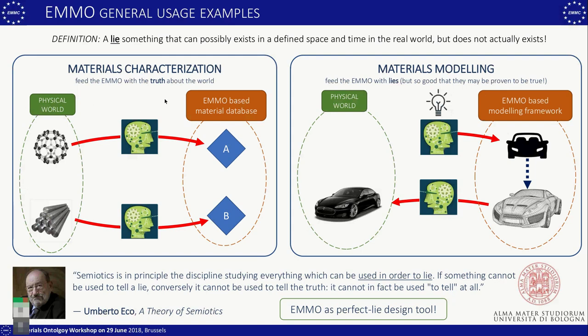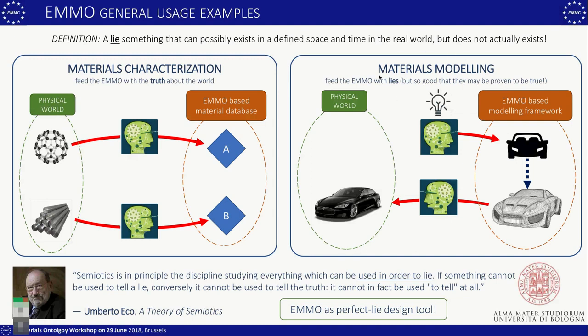While the EMMO can be used in material characterization to describe properties of real entities, because we measure, for example, the property of fullerene, of graphene, of a particular material, of steel, and so on, in material characterization we are sure that the properties that we provide and we standardize within the EMMO are actually properties that have been collected from a real existing entity.